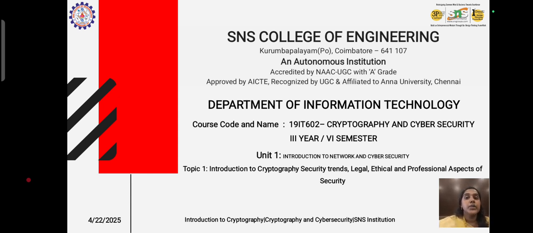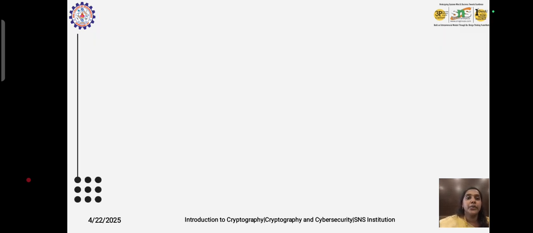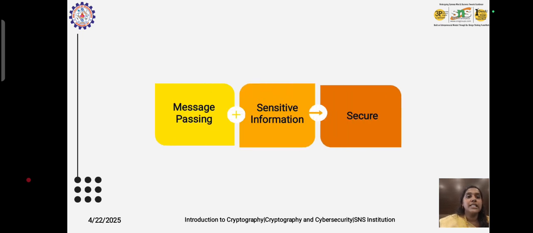Today we are going to see, in the lecture series, the topic Cryptography in the subject Cryptography and Cybersecurity. First of all, we have to pass a message from person A to B. Whatever message we are passing from person A to B must be secured. If it is not secured, it is not useful. Think of some sensitive information you are passing.